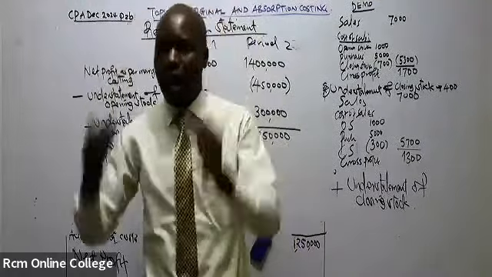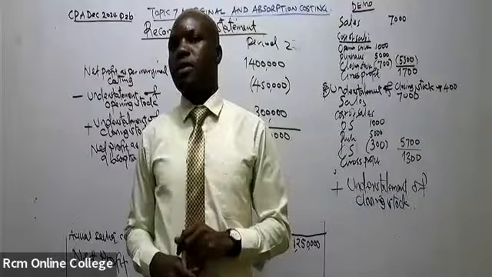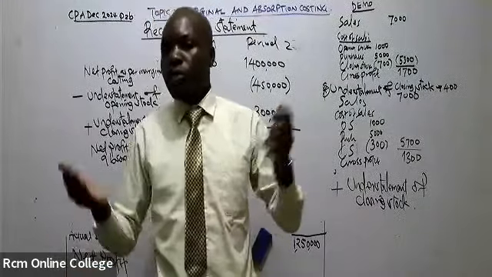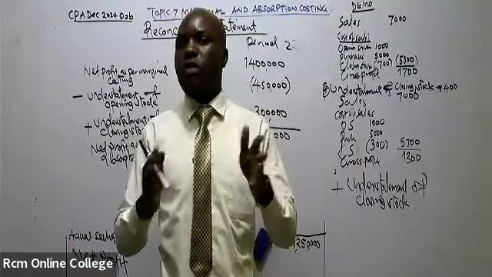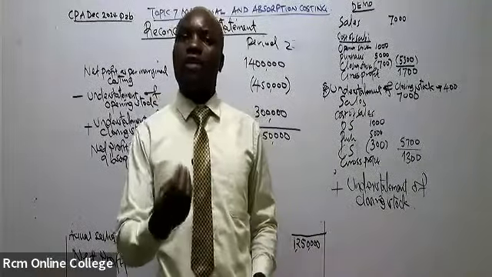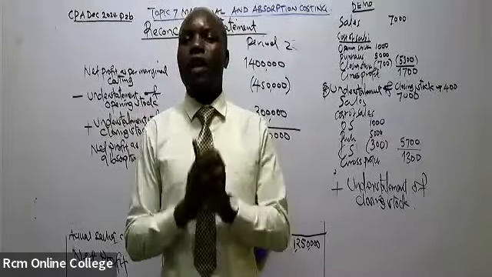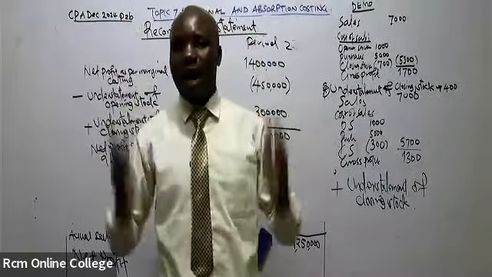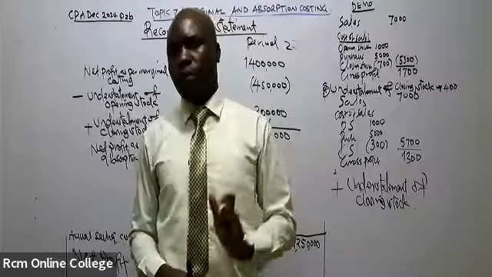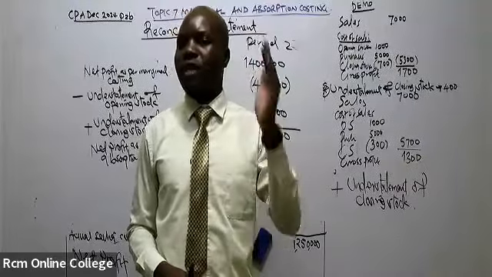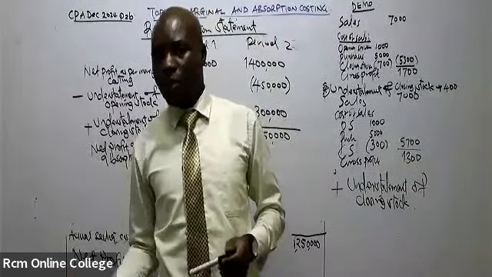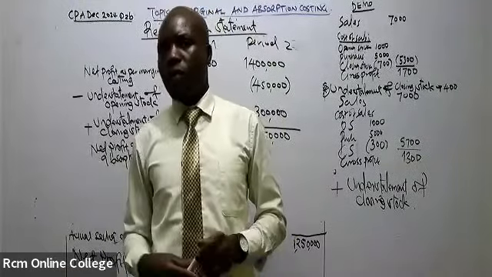They said you are going to pay 4,800 per unit. When you came to RCM to study your management accounting, you are actually charged 4,800. What you budgeted for is equivalent to what you've actually incurred. If you budgeted to spend 4,800, but when you got to RCM, they gave you a discount and you paid 4,000, in that case, you pick the 4,000, not the budgeted.